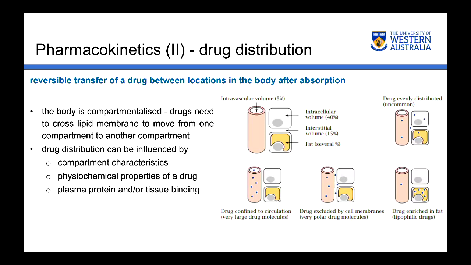Some drugs may simply stay in the systemic circulation without being distributed into tissues, but some may be distributed into interstitial fluids but not getting into cells. But some drugs may be highly accumulated into tissues because of their physicochemical properties or because they have strong tissue binding characteristics. So I'm going to take you through some of those factors that can influence how a drug may be distributed into different body compartments.